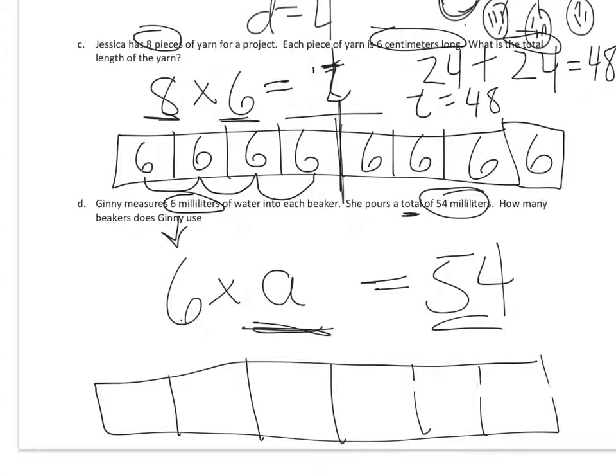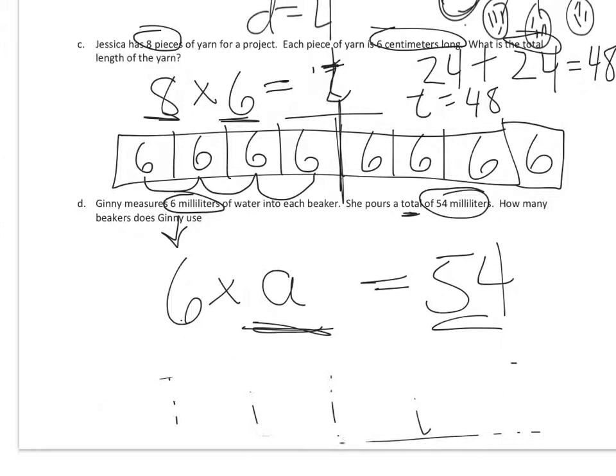I'm going to erase this, which takes a little bit of time. See, even Mr. Wade has to spend some time wondering what's the best strategy to use to solve this. After I made the tape diagram, I was like, oh, I don't like it for this one.